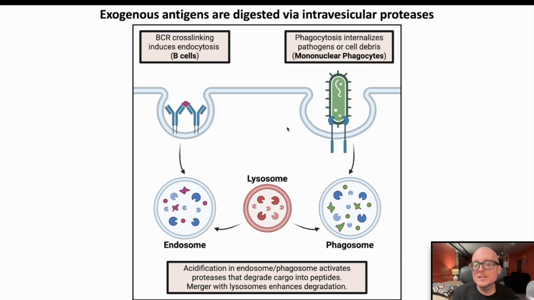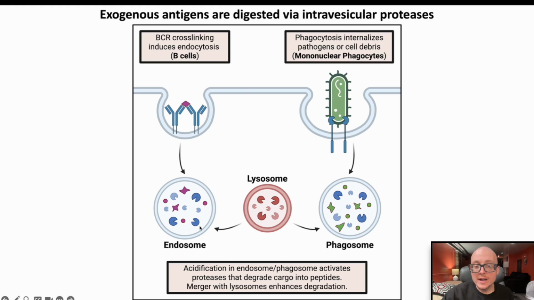But one of the things that occurs in addition to the kinase activity and transcriptional activation and all of that we saw before is also the induction of endocytosis. So the cross-linked B cell receptors will trigger endocytosis and be pulled into the cell, into an endosome. And it's not only that the BCRs will be pulled in, but whatever antigen it is that they're bound to will come along with them.